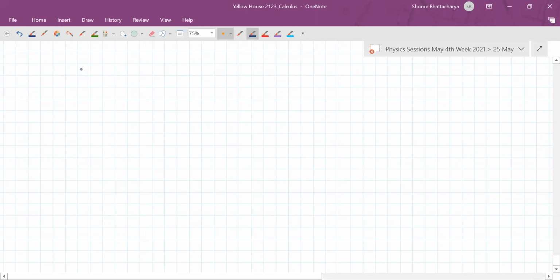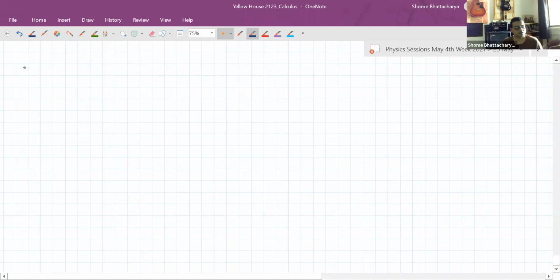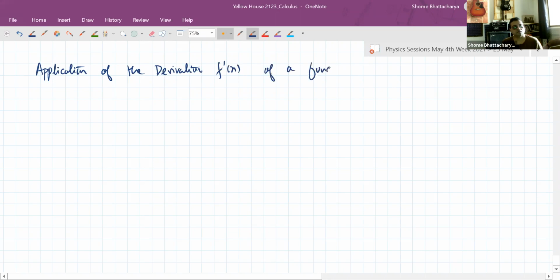Before we wind up today's lecture, one last thing we will look at is the application of derivatives. Let's say f prime x of a function, to understand the behavior of the function.